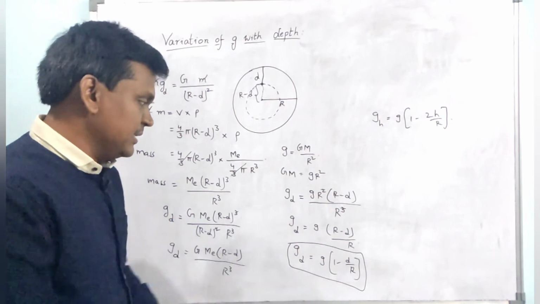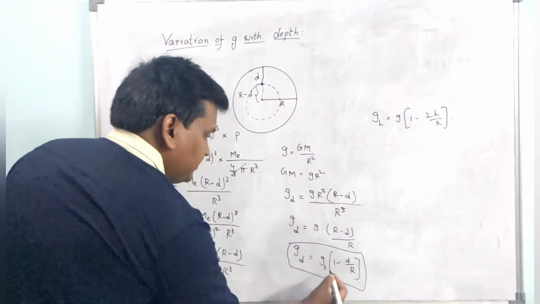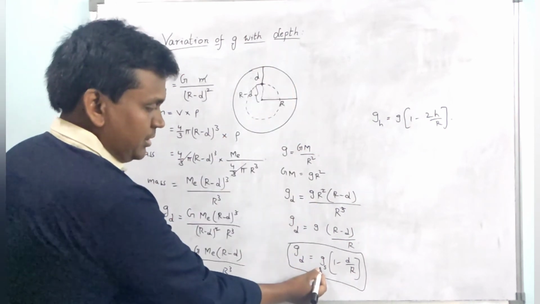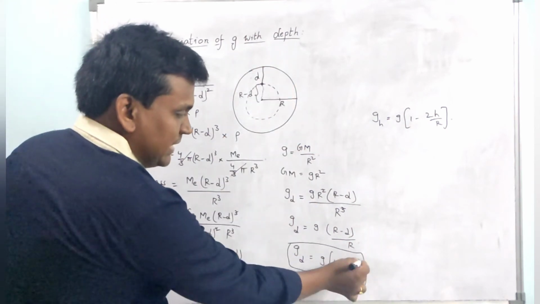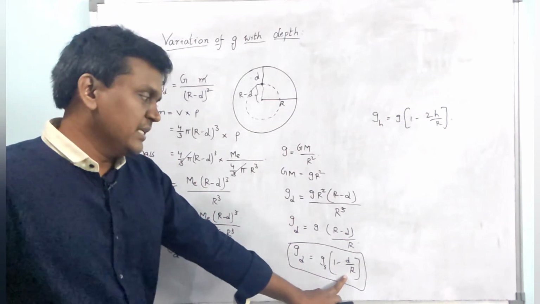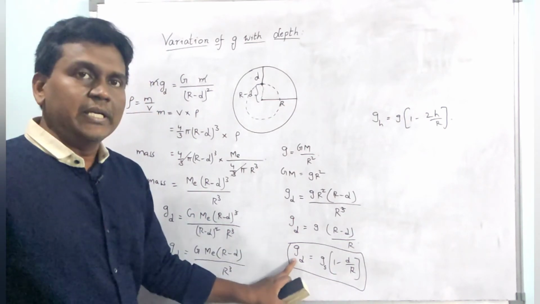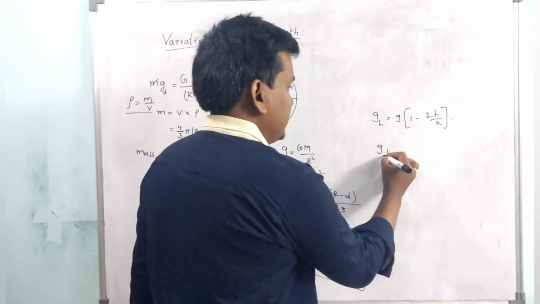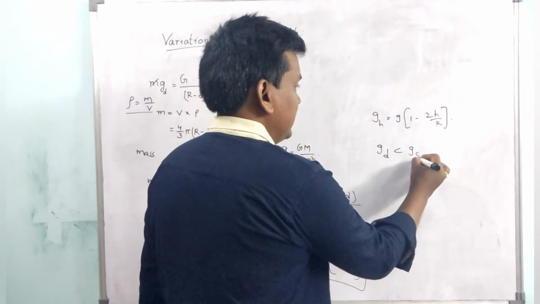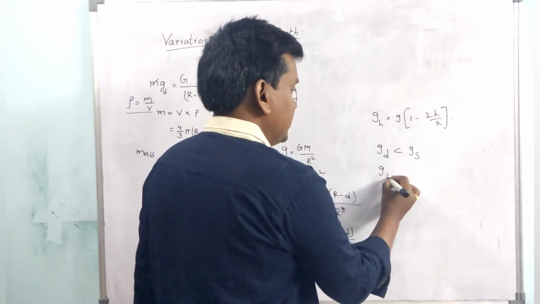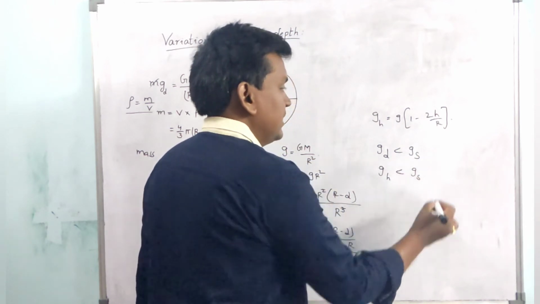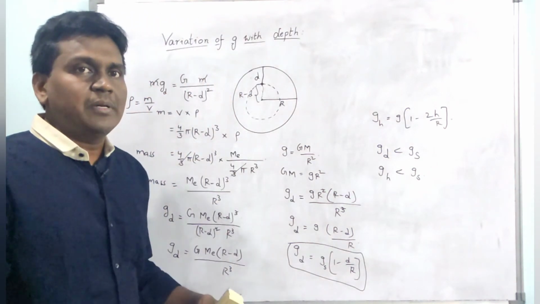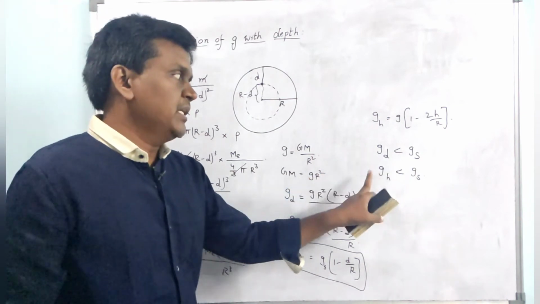The reason is, this small g is nothing but gravity on the surface of the earth. So here we are subtracting something, in the sense that this g_d is less than g. That means g_d is less than g_s. In the same way, g_h is also less than g_s. That means gravity on the surface is maximum compared with depth and height.